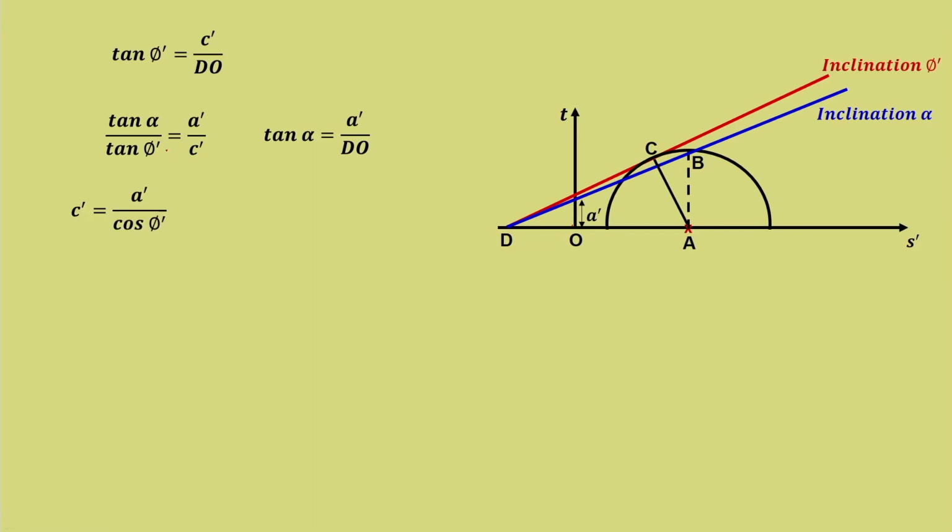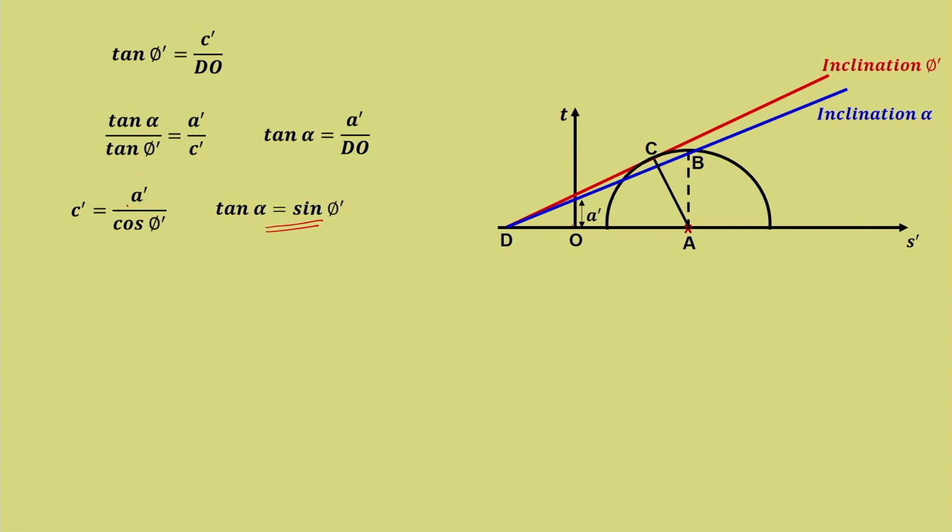Substituting tan alpha equal to sin phi dash here, the sin phi dash will cancel off and cos phi dash goes up.